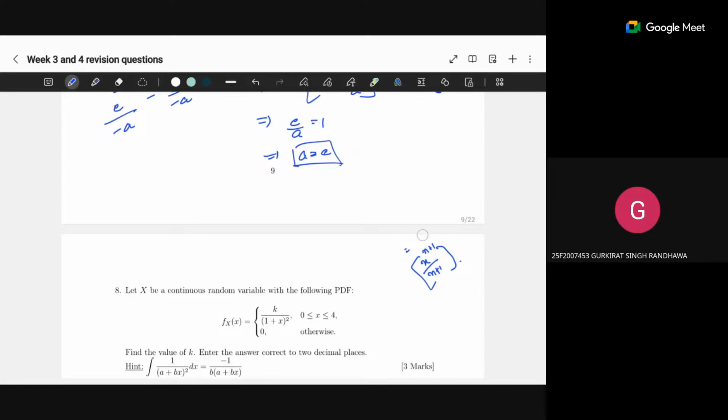If any complicated integration is there, like in this question, they have given you the hint. So in this way, they can give you the hint if it requires.